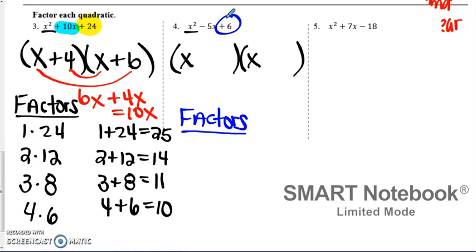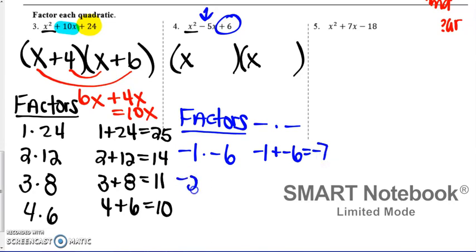Now, these factors need to add up to negative 5. So since they multiply to a positive number, but add up to a negative sum, my two numbers have to be negative. I need a negative times a negative. So let's see, if I have negative 1 times negative 6, well, negative 1 plus negative 6 gives me negative 7. So that's not going to work.